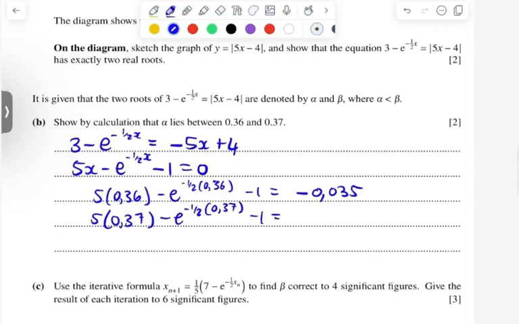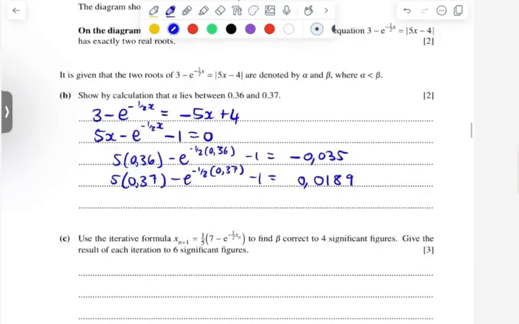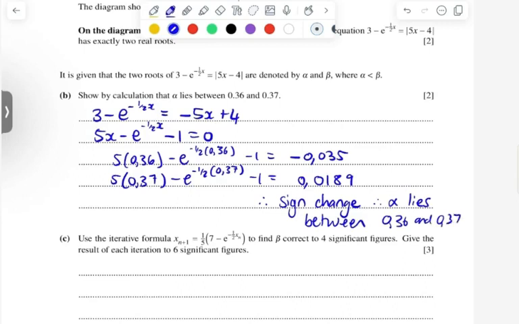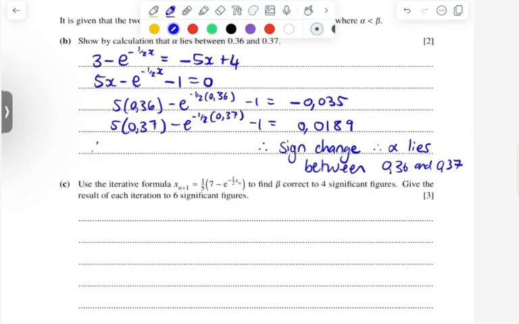Okay, so I'm going back on my calculator and typing in 0.37, and here I get an answer of 0.0189. And so therefore I can conclude sign change, and therefore alpha lies between 0.36 and 0.37. I should have just started writing probably from over here.